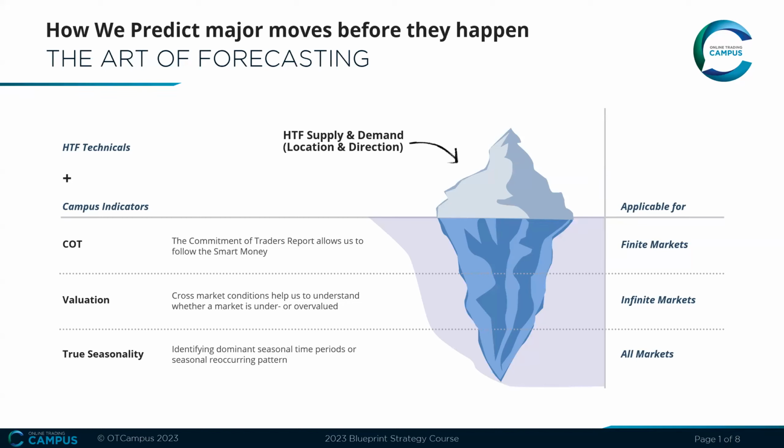But today, I believe that the most important fundamental driver for stocks can be found when looking at the interest rate market, the US bonds and treasury market. And this is where the campus valuation indicator comes into play. Here we'll look at cross-market conditions, or in easy terminology, we will look at the bond markets to understand whether a stock is under or overvalued.